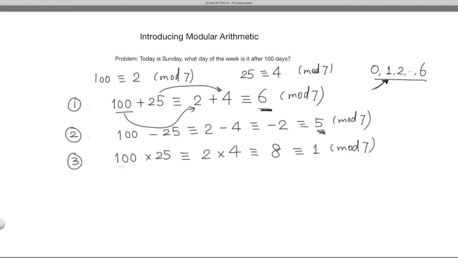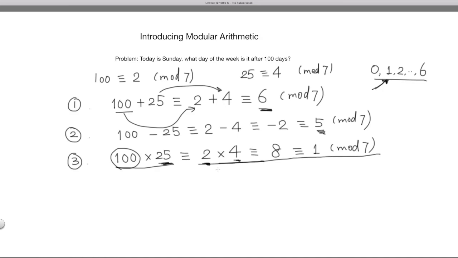The usual way of calculating the remainder of 100 times 25 divided by 7 is to multiply it out and then divide by 7, which takes quite a bit of long division. But here, you can do the division first. Find the remainder of 100 divided by 7, and then the remainder of 25 divided by 7, and then do this very simple operation.